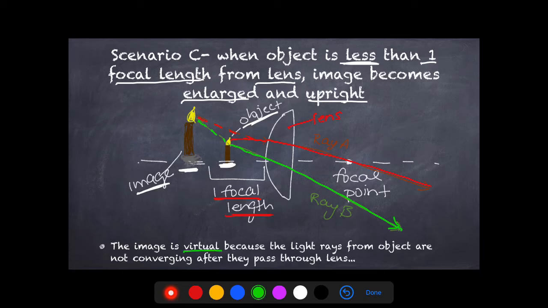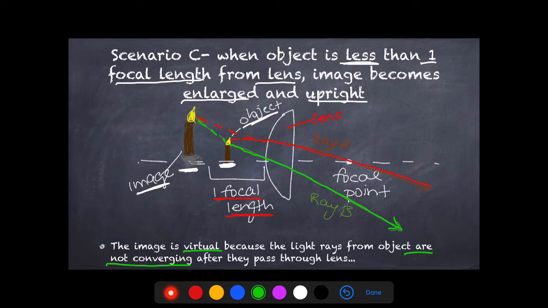So let's describe the image. The image is virtual because the light rays from the object are not converging after they pass through the lens. So when you have light that is traveling from an object through the lens and they converge, you're going to typically get a real image, and it's typically going to be upside down, okay?